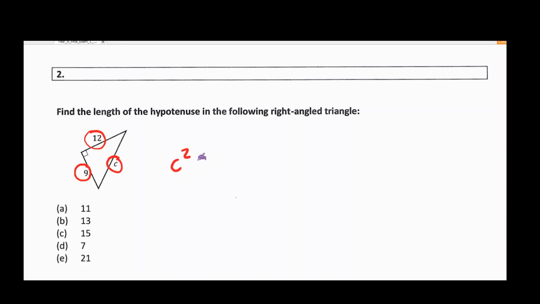So C squared is going to equal 9 squared plus 12 squared. 9 squared is 81, plus 12 squared, 144. Then the next step, we've got C squared being equal to 81 plus 144.